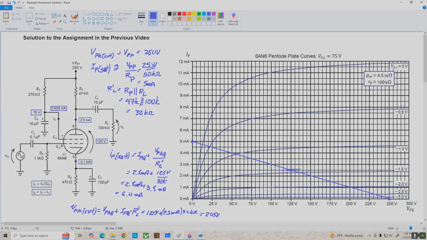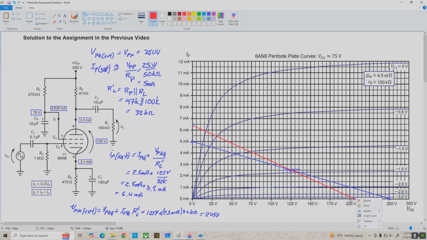I'm a little bit tight for room, so I'll just skip a few of the intermediate calculations. So we've got 6.4 milliamps, which would be right about here, and 205 volts, which is right here. And let's use red for the AC load line. And here we go, connecting these endpoints.